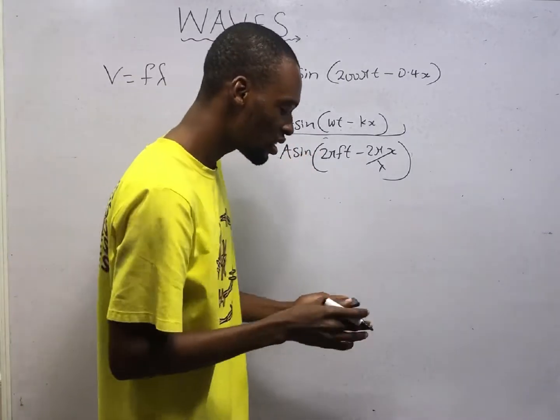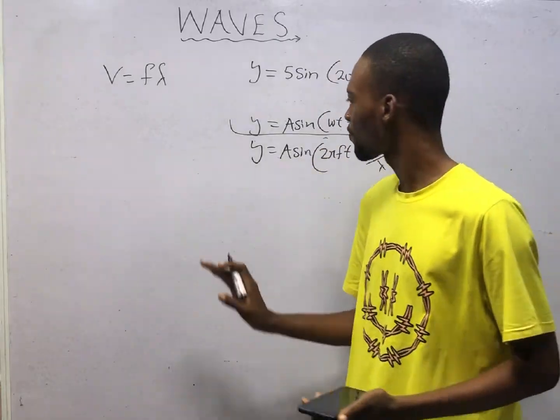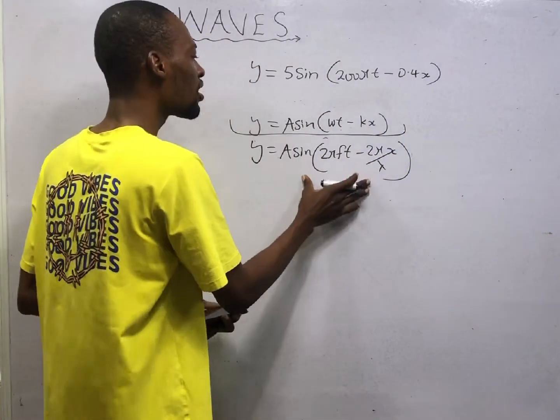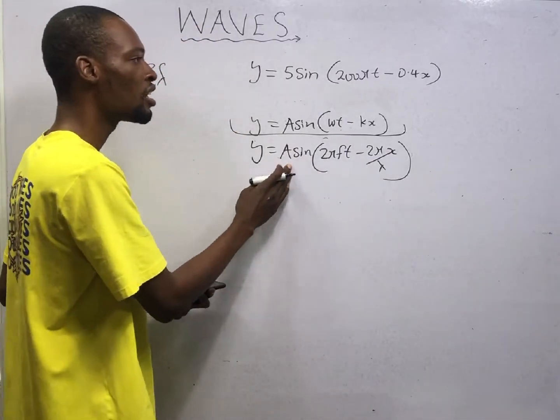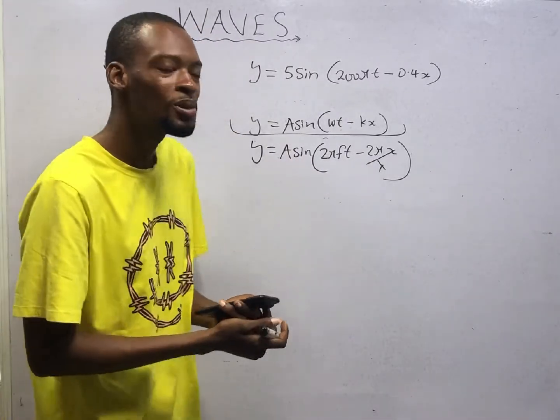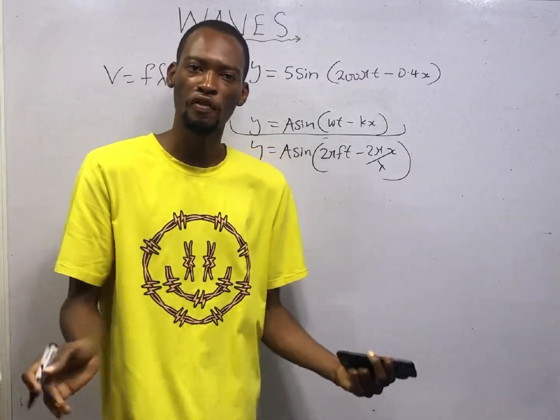So let's see how to solve questions under the progressive wave equation. This is the equation we are given, and this is the standard equation. A is amplitude. What is amplitude? Amplitude is the maximum displacement of a wave from mean position or from rest.